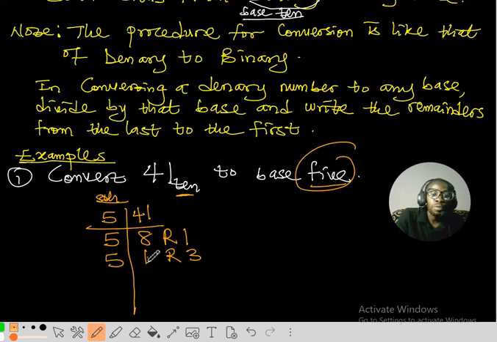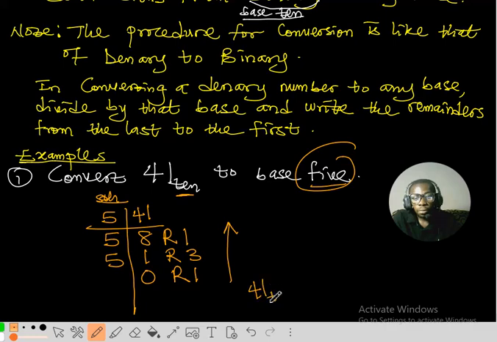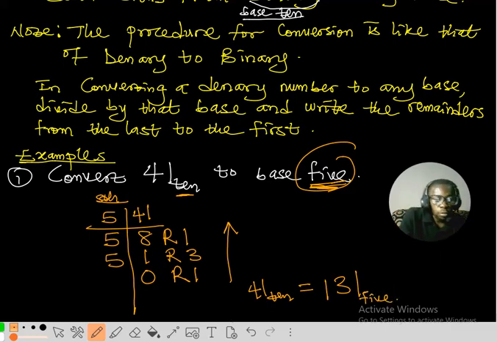How many times will you pick 5 from 1? It's impossible. That is 0. What is the number still remaining here? 1. So if you read this up, 41 base 10 is the same thing as 1 followed by 3 followed by 1, and that is in base what? Remember, you are not dealing with base 2 now, but base 5. Proceed to the next example.